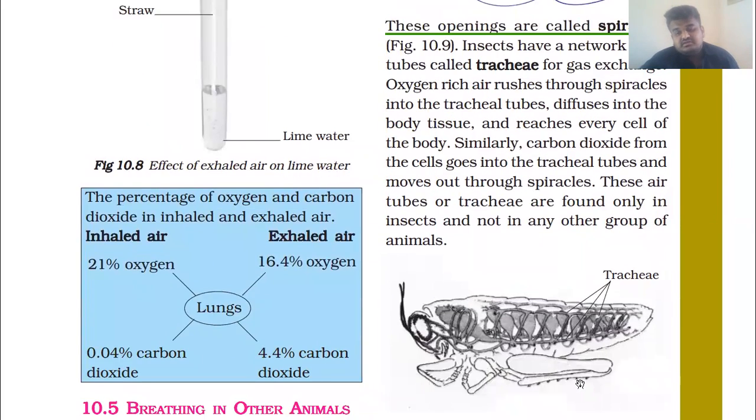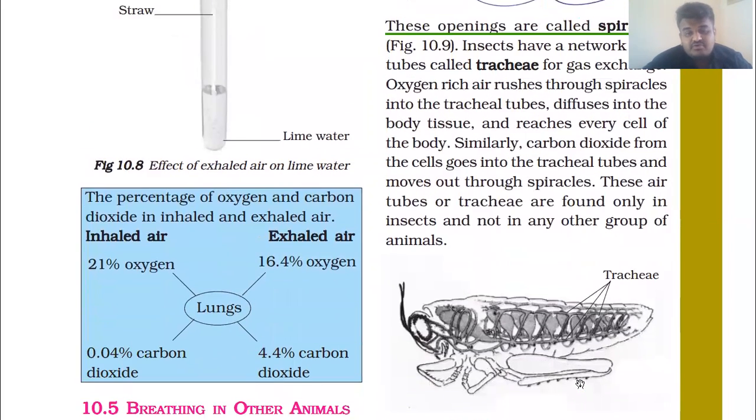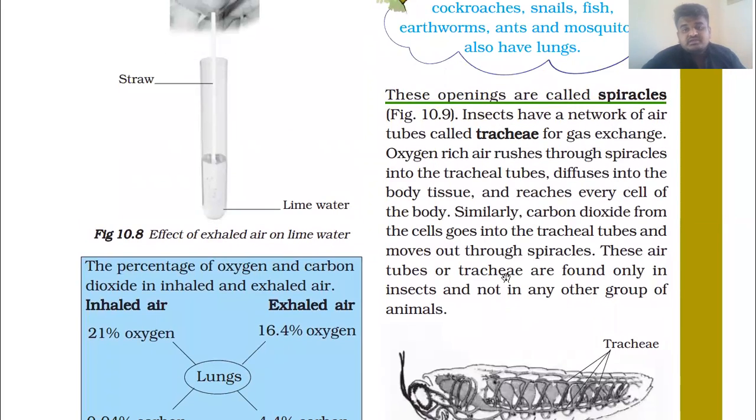In figure 10.9 you are given the tracheal system of a cockroach. The air diffuses into the body tissue and reaches every cell of the body. That's the main process.